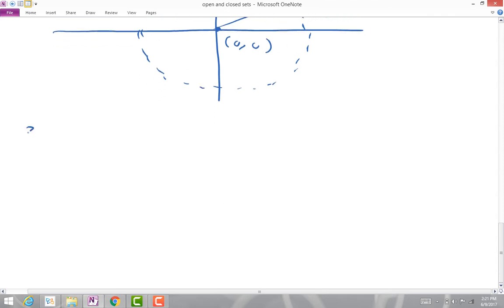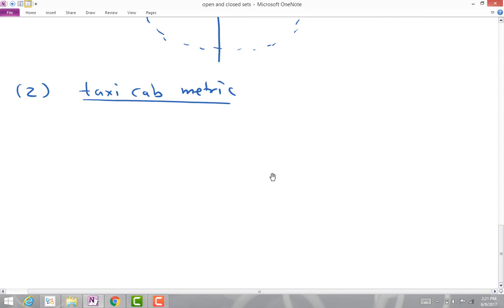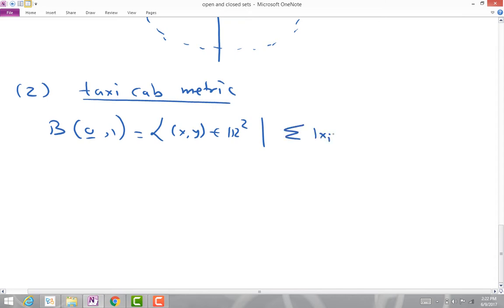Now the second example, we'll take the taxicab metric in R squared. So if I define B(0, 1), so these are the set of points in R squared such that the summation of the absolute value of xi minus yi is strictly less than 1.